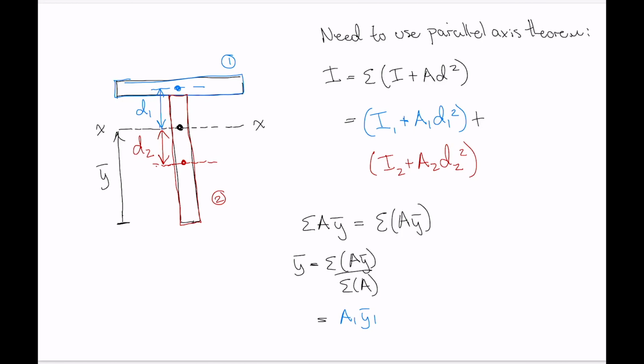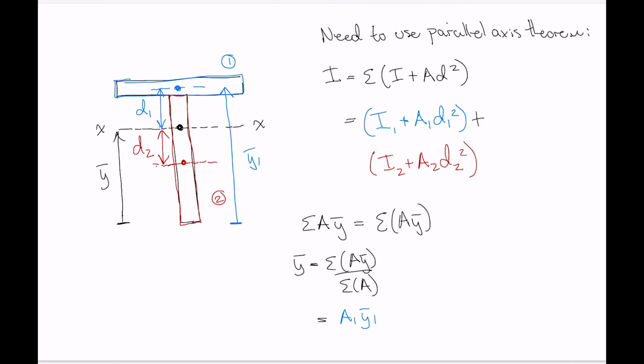If we're measuring y bar from the bottom, then y bar 1 has to be measured from that same datum, the bottom of the cross-section for me, to the centroidal axis of shape 1.